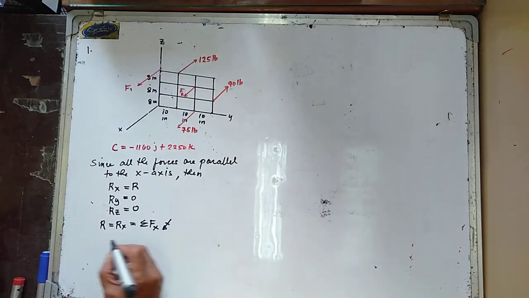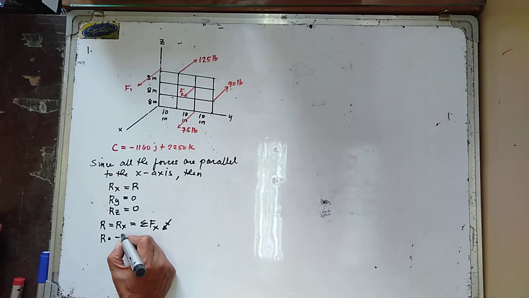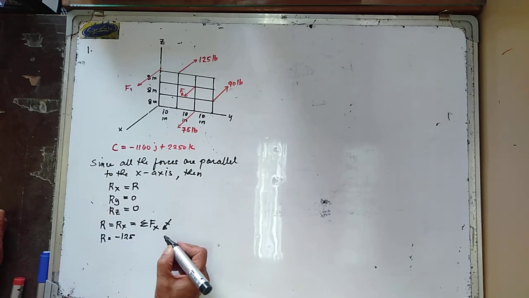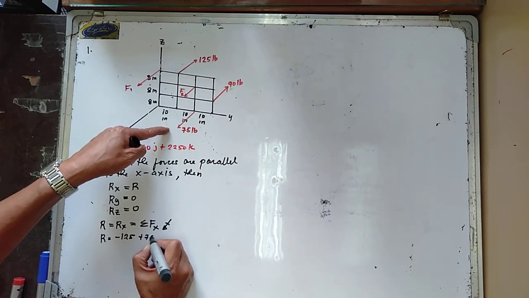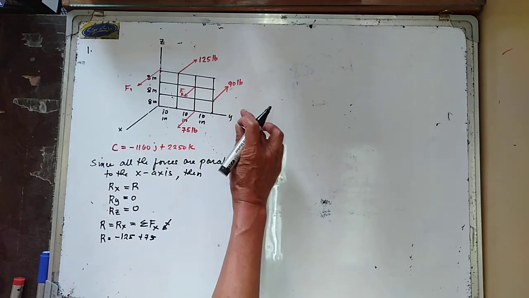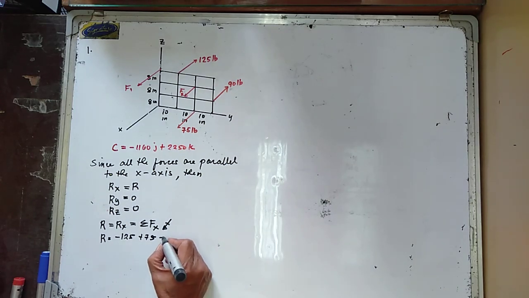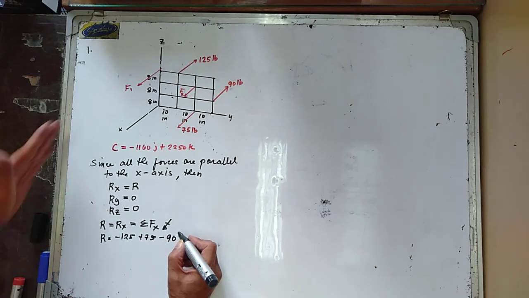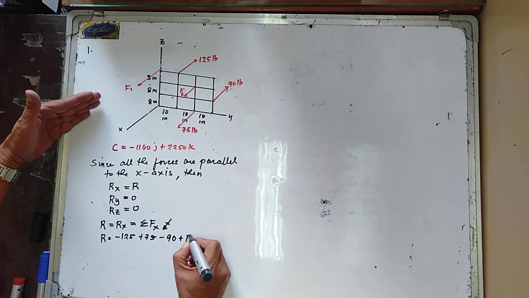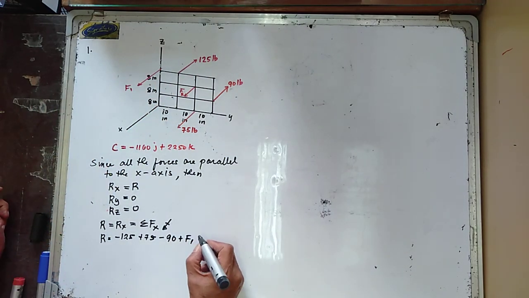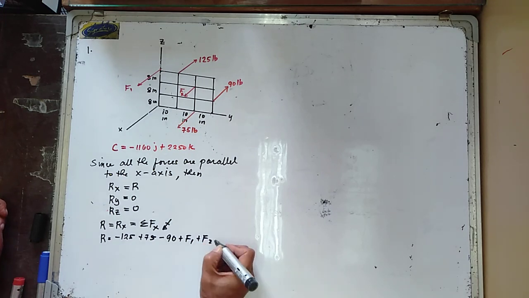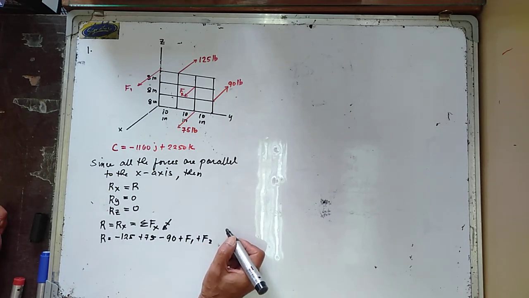So we have negative 125, then plus 75, then minus 90, plus F1, plus F2, minus F3.